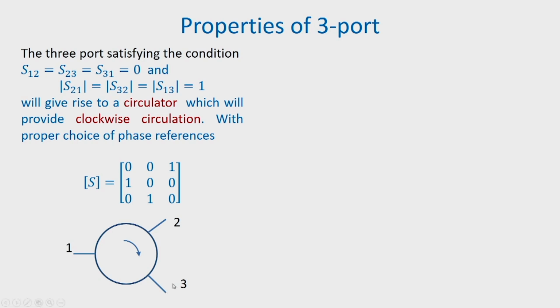Finally, when the signal is incident at port 3, it goes to port 1. So, S13 is 1. Please note that from one port to another it rotates in the clockwise manner. So, it is a clockwise circulation.